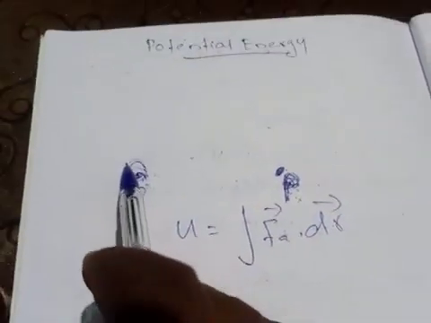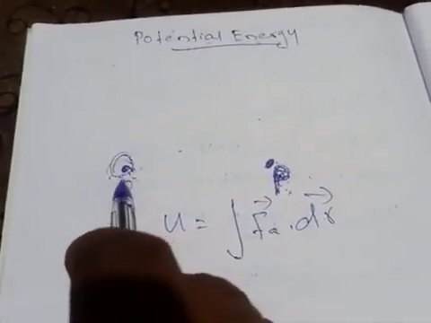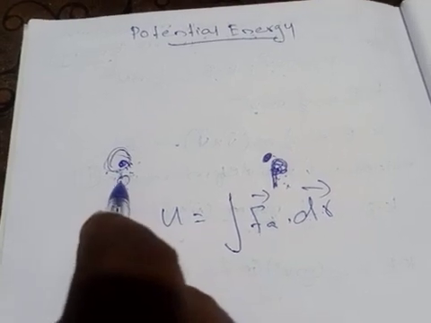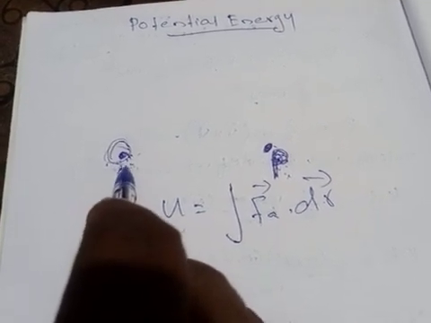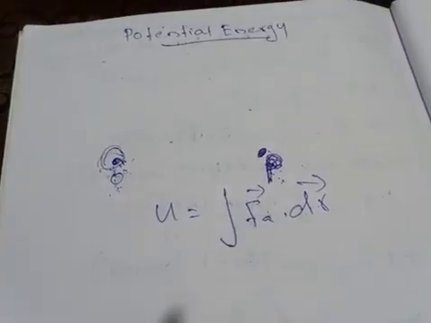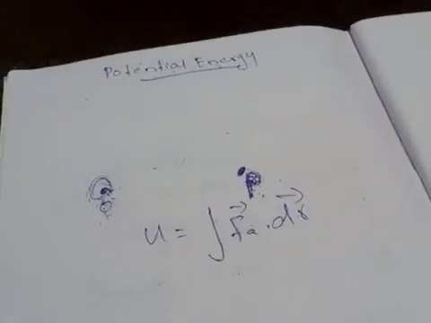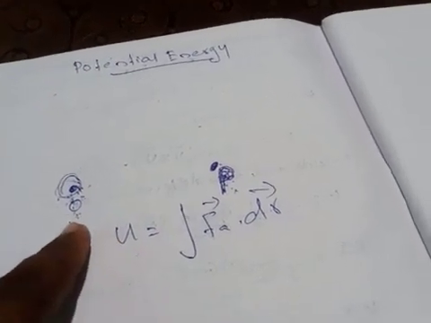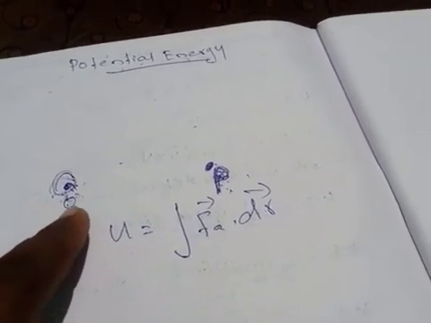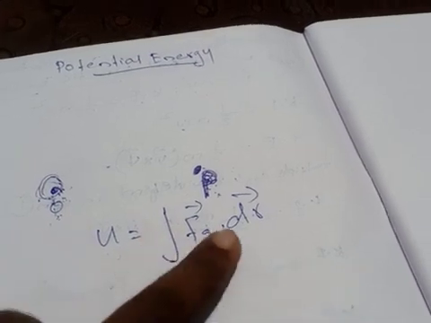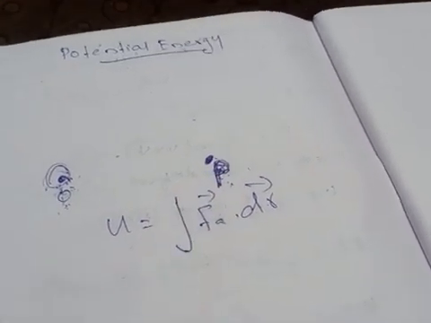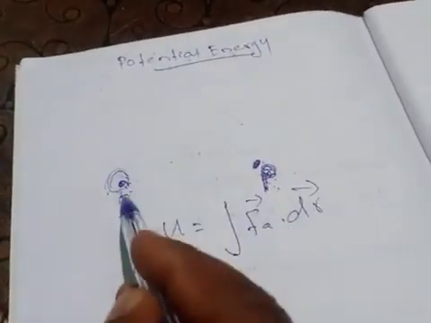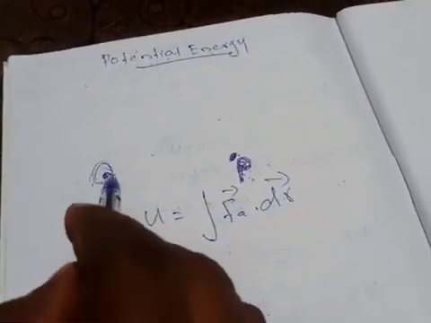So again I am saying, assume that one object is here at the point O, and at this point the potential energy of this object is 0. Now we are applying some external force to move this object from this point to the final point P. So that amount of work is done by an external force.